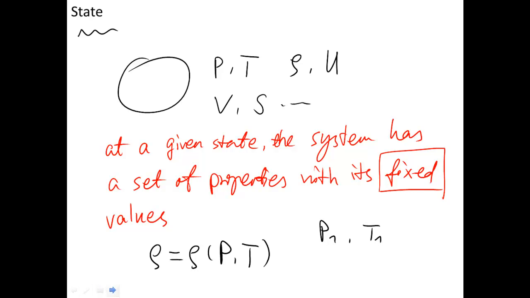Okay, so as discussed above, I will introduce a vital concept which is valid for all properties of state, and this is the point function.